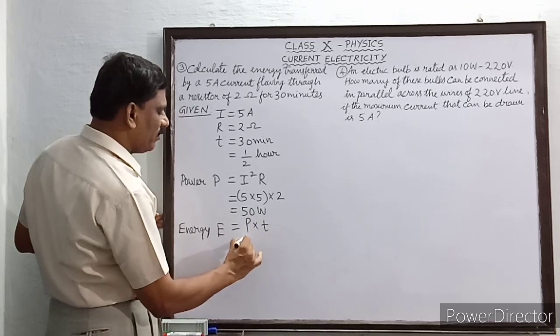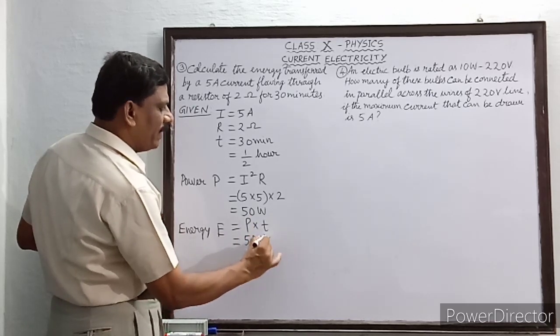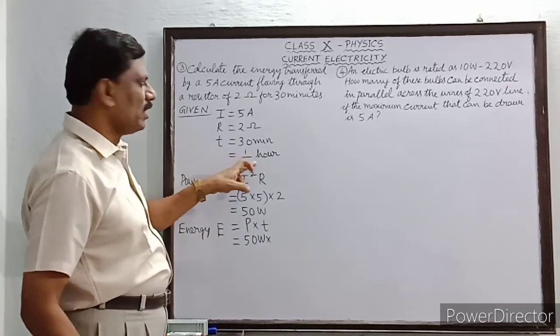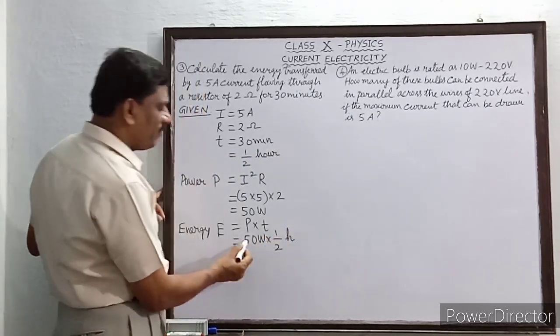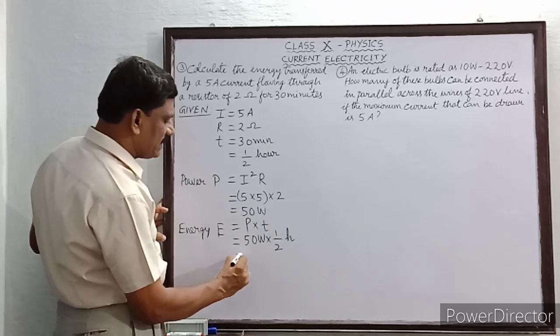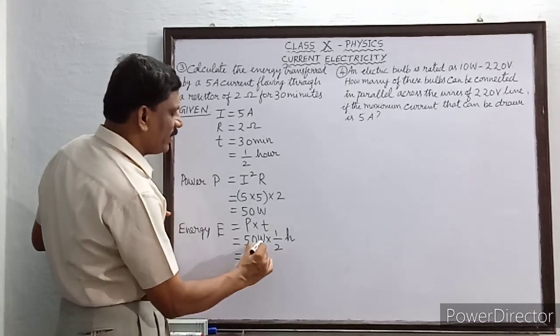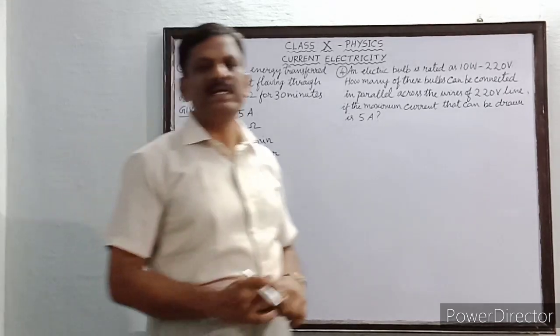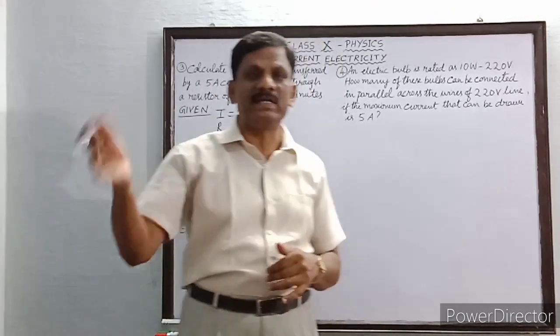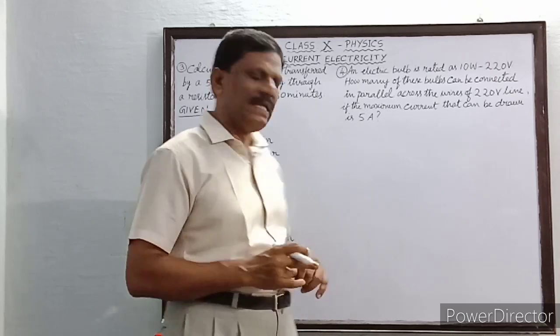So this is equal to 50 watt multiplied by how many hours? 1 by 2 hour, is it not? So 50 by 2 is 25. So this is equal to 25. What is the unit? Watt hour. 25 watt hour. If you want to convert it into kilowatt hour, we have to divide it by 1000.